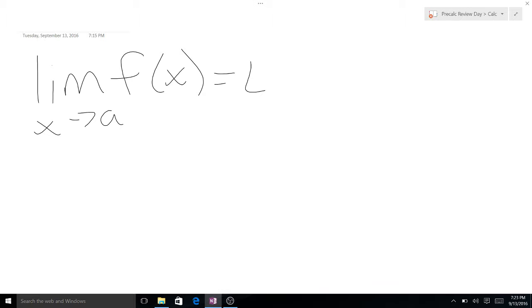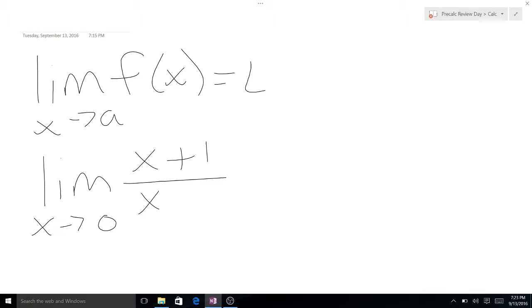If we wanted to evaluate a limit, so for example, the limit as x approaches 0 of (x plus 1) over (x minus 4).